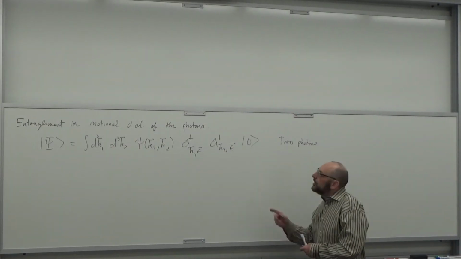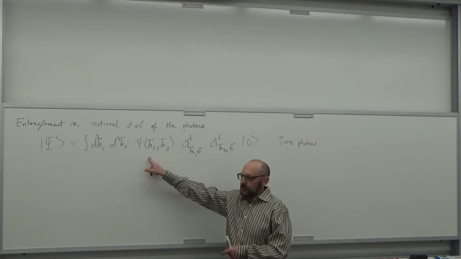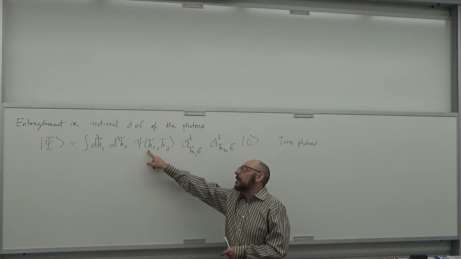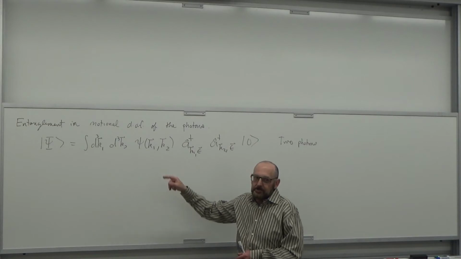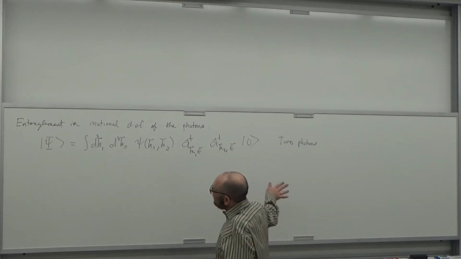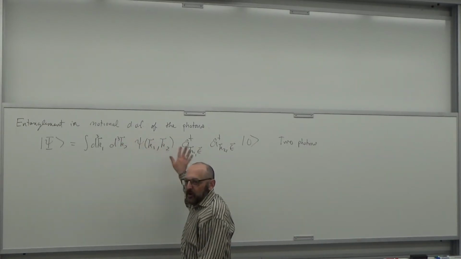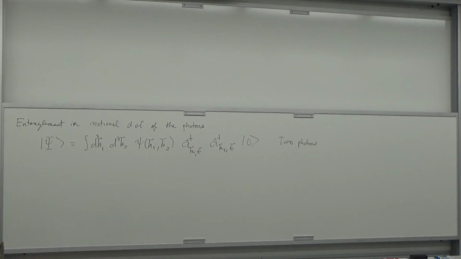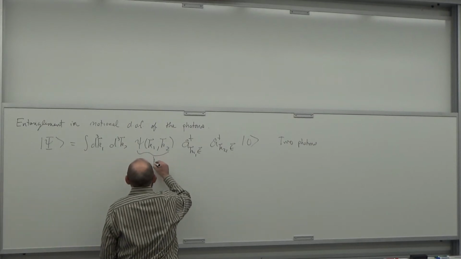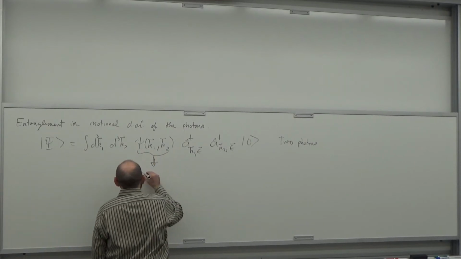K2. But then I have a probability amplitude for having both K1 and K2. And now I'm summing, integrating, over all the probability amplitudes for K1 and K2. Okay? So, the motional entanglement, this is a two-photon wave function.